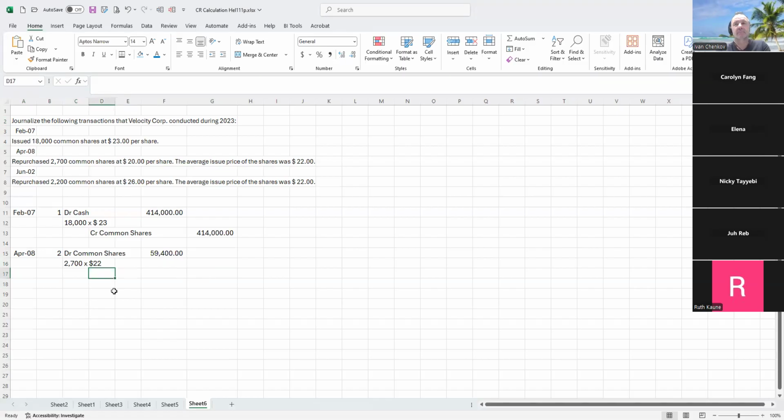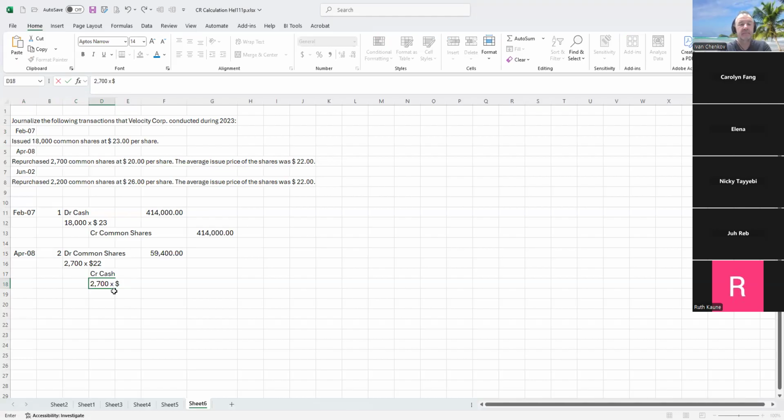What are we giving? What do we give to get those shares? Cash for 2,700 shares at $20 per share.